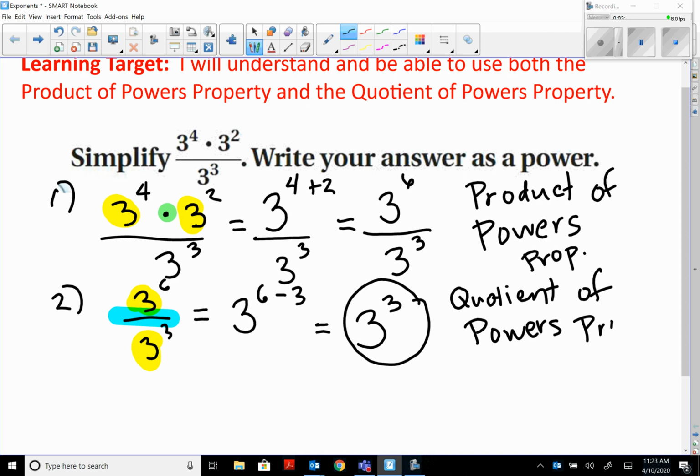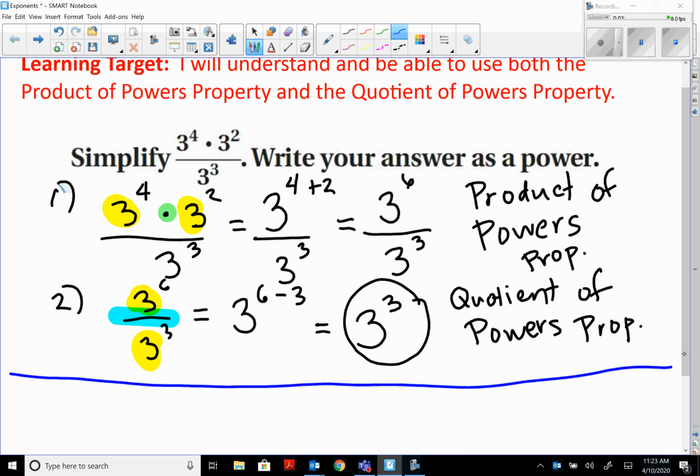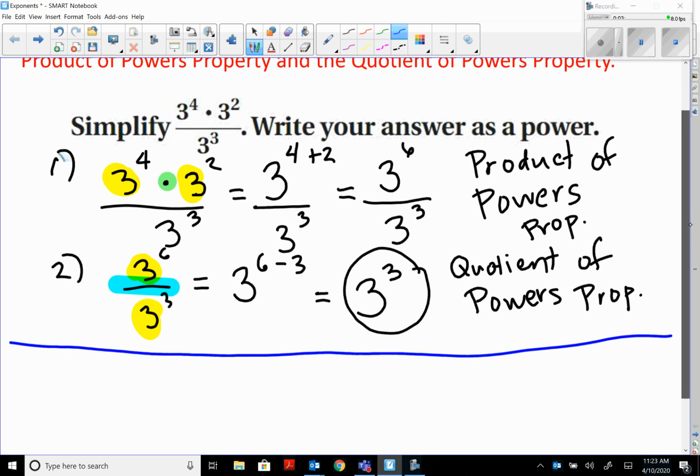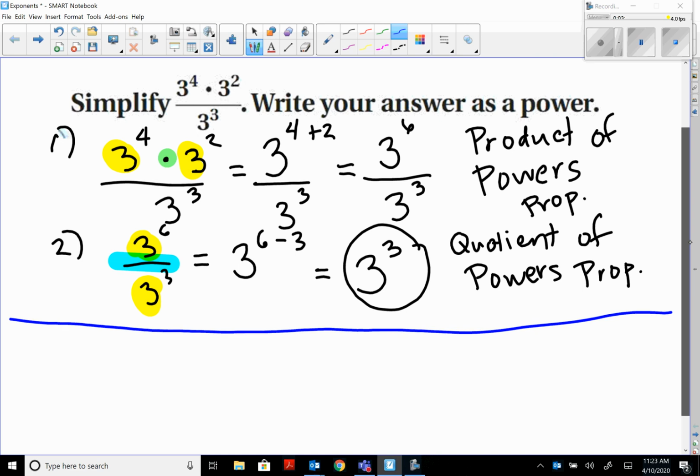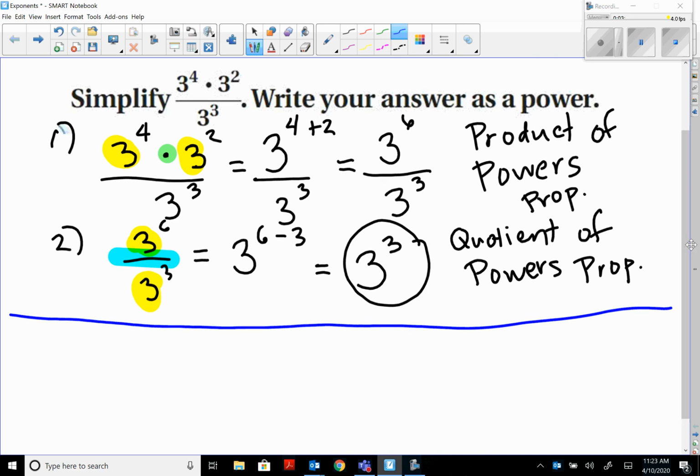So what I'm going to do now is I'm going to do the exact same problem, but this time I'm going to start with the quotient of powers property and then do the product of powers property. And I want to show you that we should end up with the same answer.